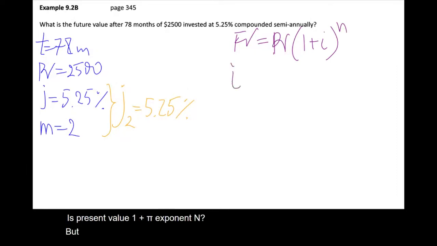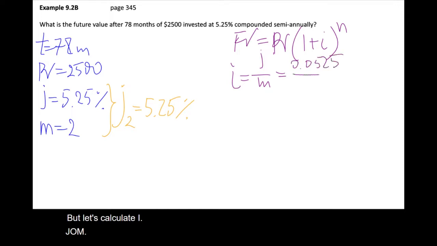And let's calculate I, J over M, 5.25% over 2, 0.02625.